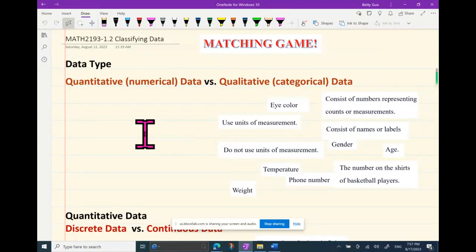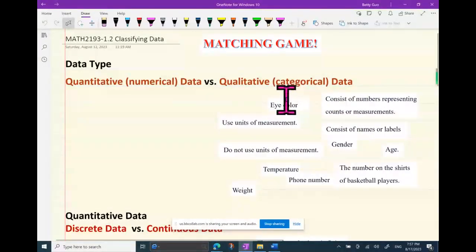So you are counting. The data you got are counts or measurements. If you measure the temperature of today and you get numbers, those numbers are quantitative data as well, because they measure the temperature.